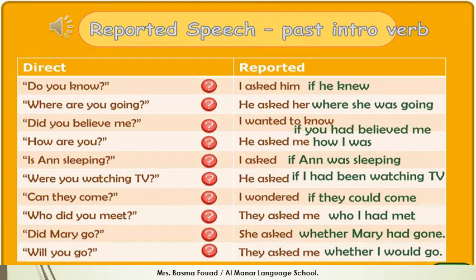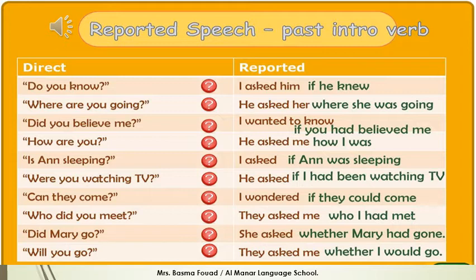Here are some other examples of reported speech in the past. Do you know? I asked him if he knew. Where are you going? He asked her where she was going. Present continuous becomes past continuous. Did you believe me? This is past simple. I wanted to know if you had believed me. This is past perfect.